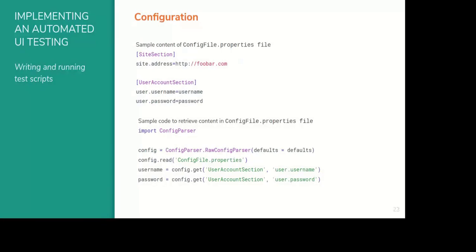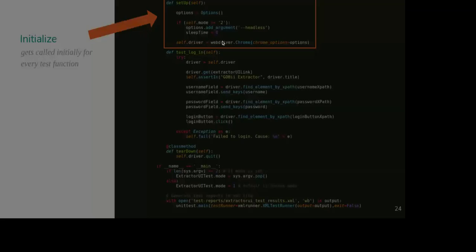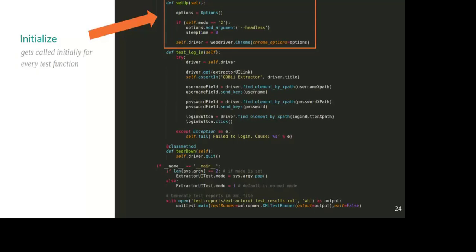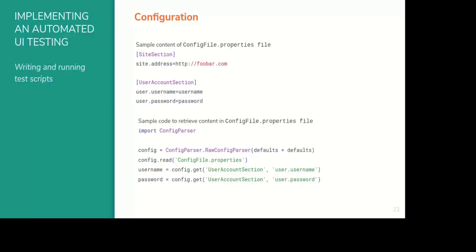This is a sample configuration file that was used. And this is how the code looks when we're defining the test script. This part is where we initialize the test scripts, and it's called initially for every test function. Here you can define if you want to run the test scripts in headless mode.